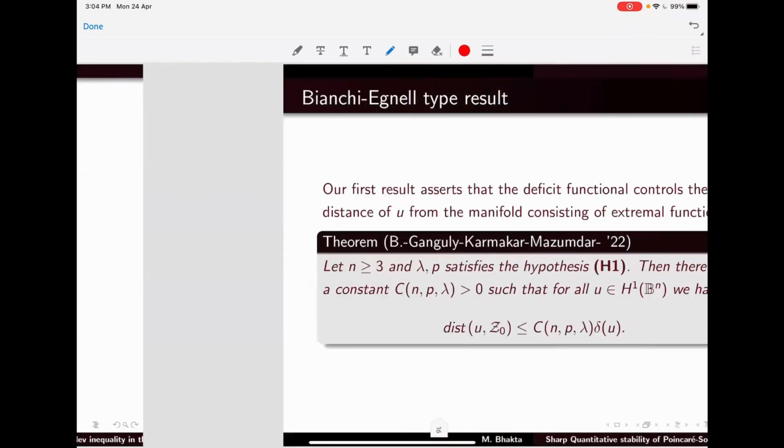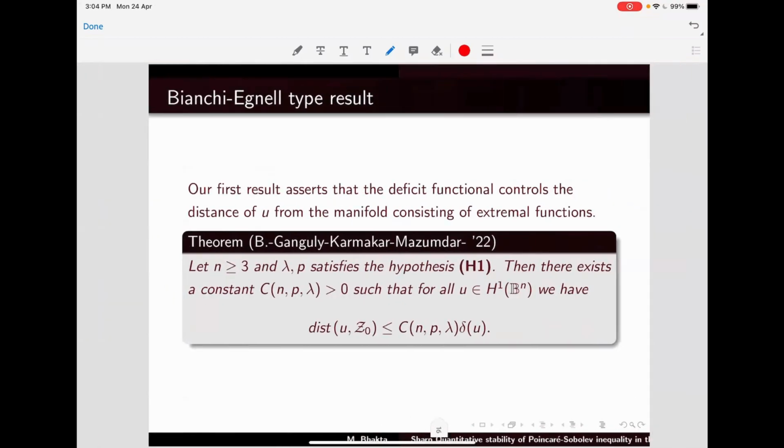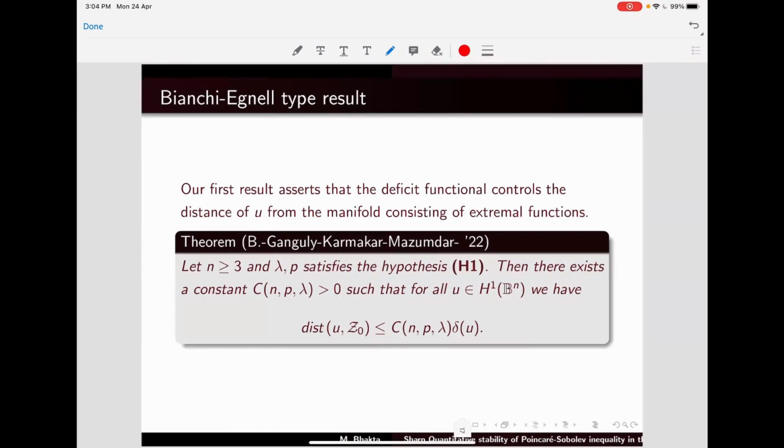In a recent work with Debdeep Ganguly, Debabrata Karmakar, and Shoikat Majumdar, we proved that here again we have linear stability. That means if u almost optimizes the Poincare-Sobolev inequality, then u is close to this extremal.